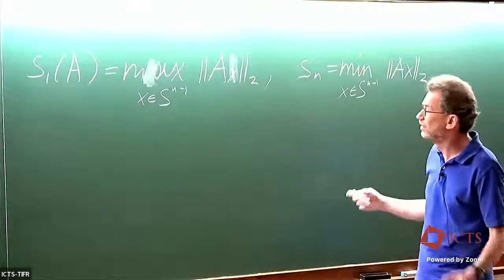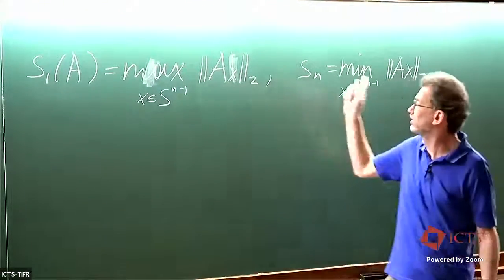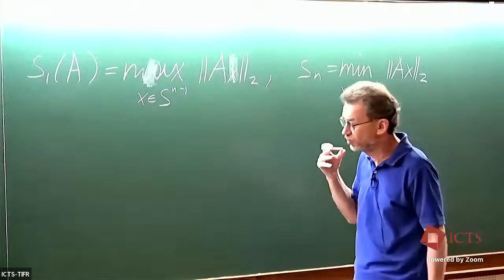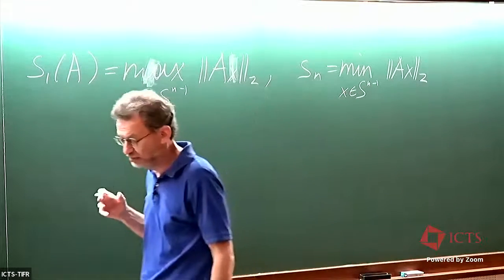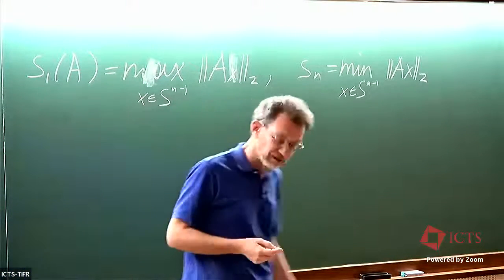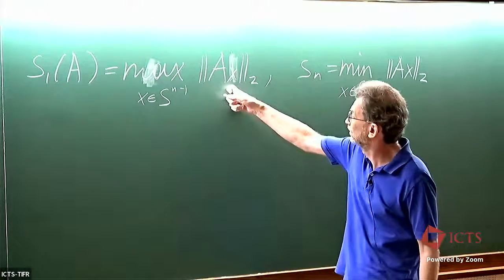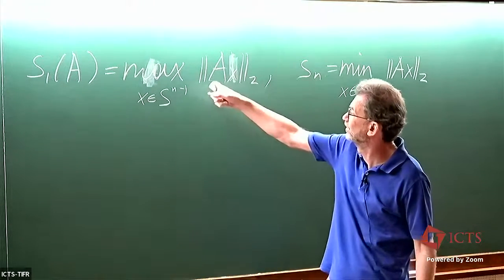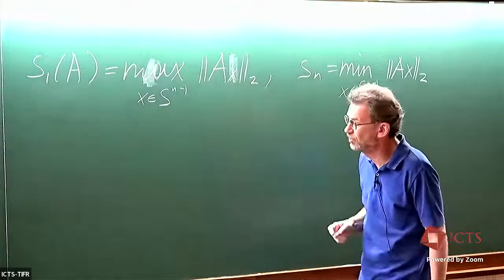And so we have to bound the maximum and the minimum, hopefully with high probability. But let's take a more modest task. Let's fix a vector x and see how this norm behaves.